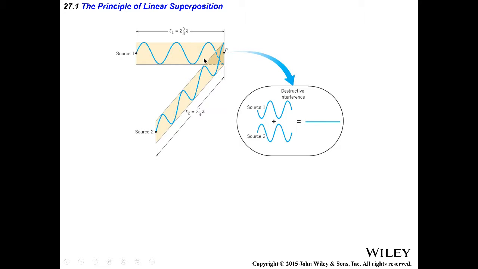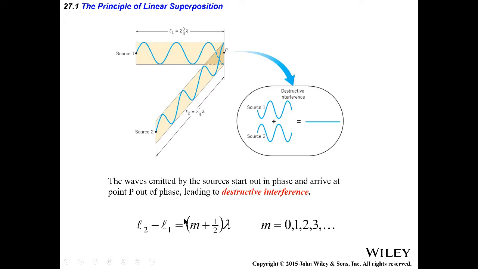Therefore, if our two waves arrive and the distance difference is m plus a half, say 2.5 wavelengths, then you are up, I'm down, and we kill each other. We get destructive interference. So this is the condition for destructive interference.